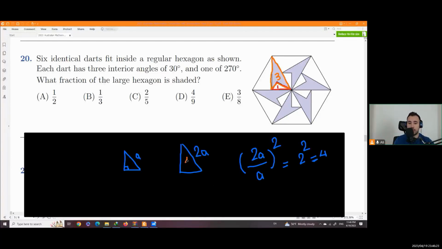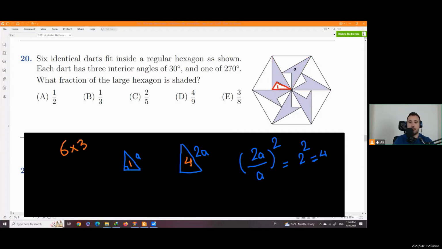So the area of this is 4, the area of this is 1, and this is 3. So let's highlight. This is also 3. So everything that is shaded will be 3, 3, 3, and we have 6 of it. So the shaded area will be 6 times 3.